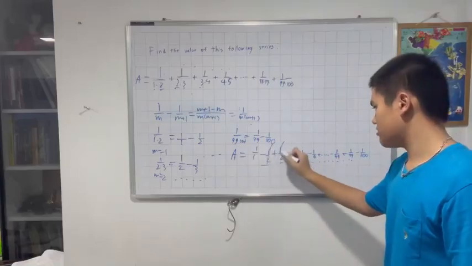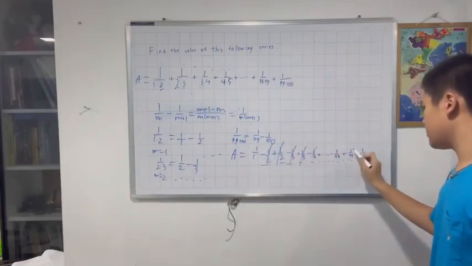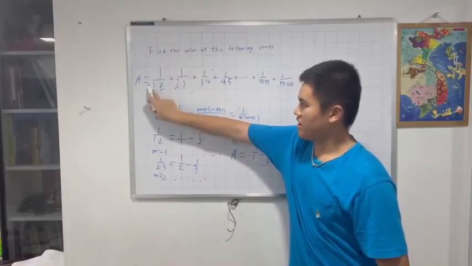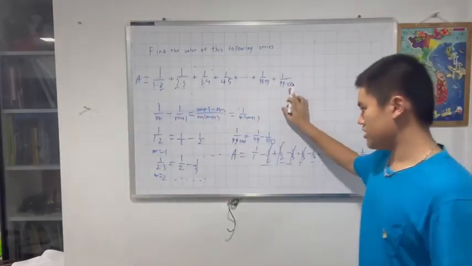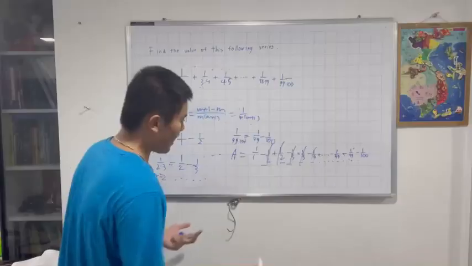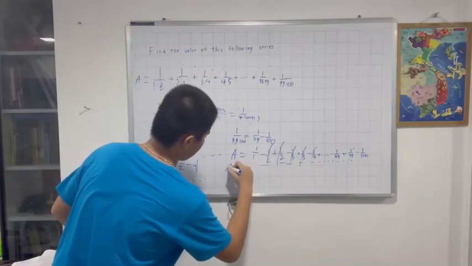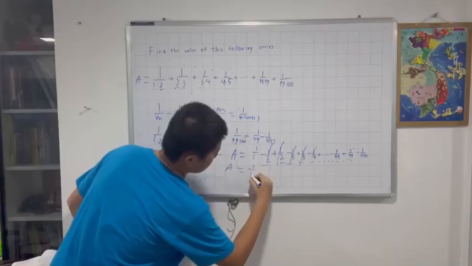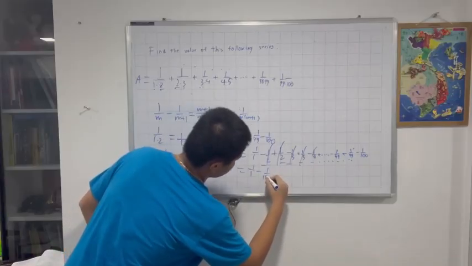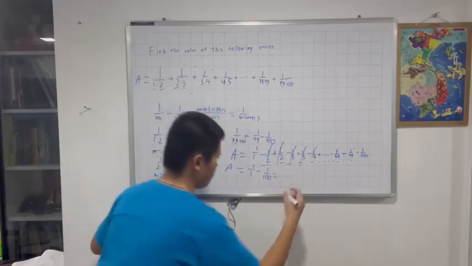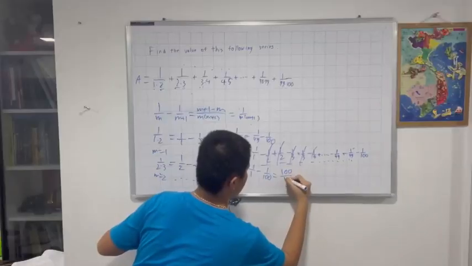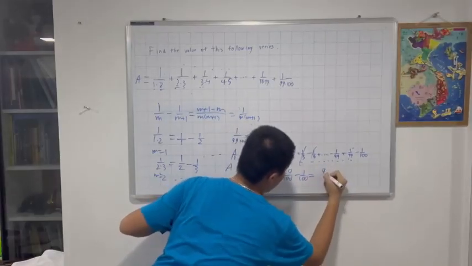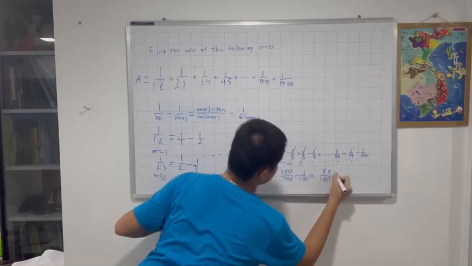But you look at this, 1 only appears once, and 100 only appears once, so they survive. So basically, this series a equals 1 minus 1 over 100, which is equal to 100 over 100 minus 1 over 100, equal to 99 over 100.